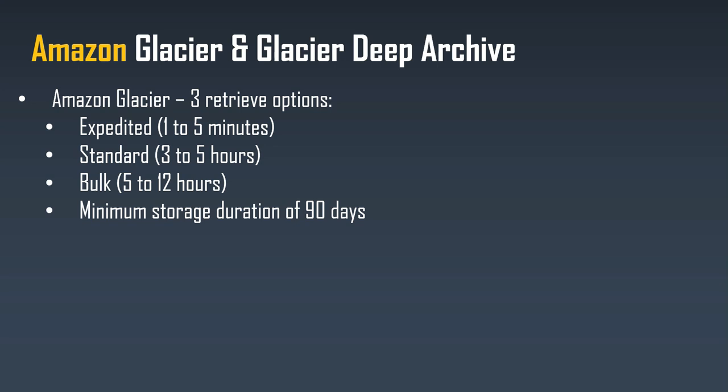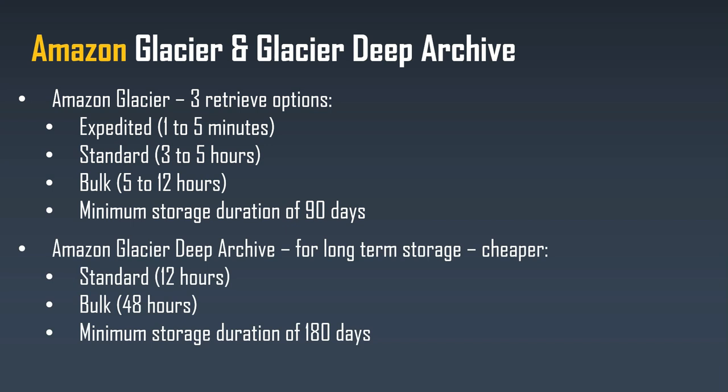And the minimum storage duration for Glacier is going to be 90 days. So again, files that are going to be in Glacier are therefore longer term, and we have an even deeper storage tier for Glacier called Deep Archive. This is for super long term storage and it's going to be even cheaper.